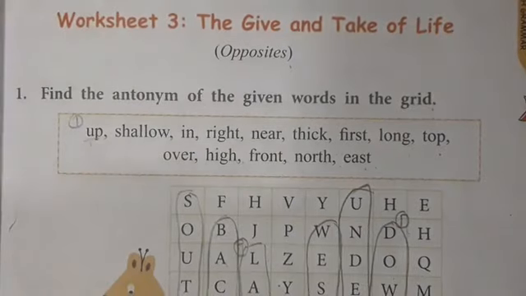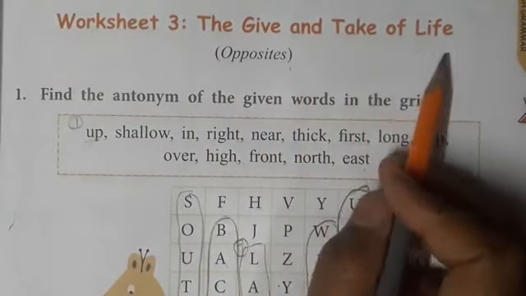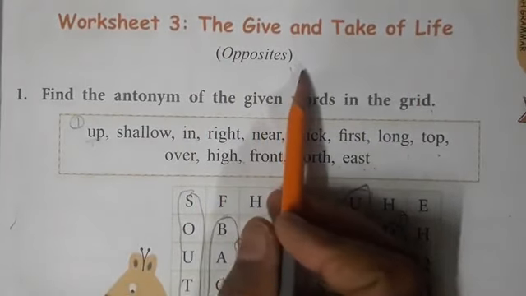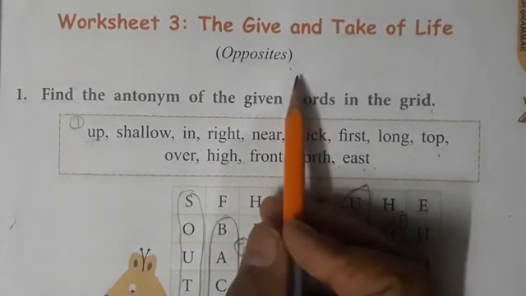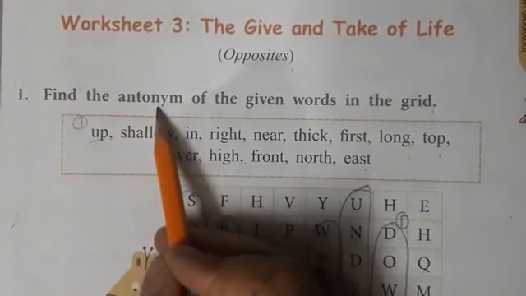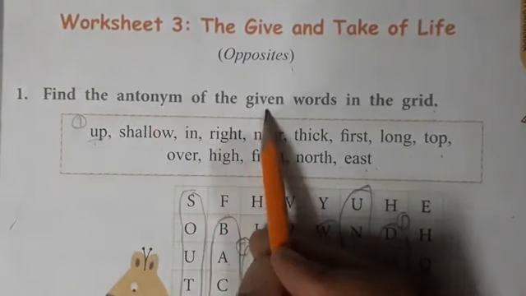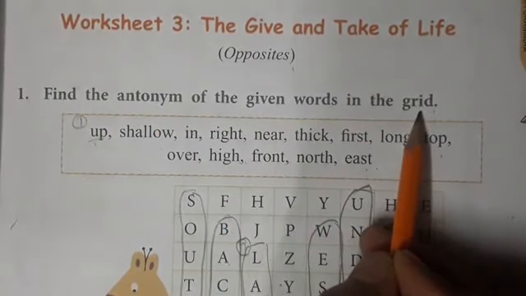Now here is worksheet 3, the give and take of life, opposites. So in this worksheet we will discuss opposites. Find the antonyms of the given words in the grid.